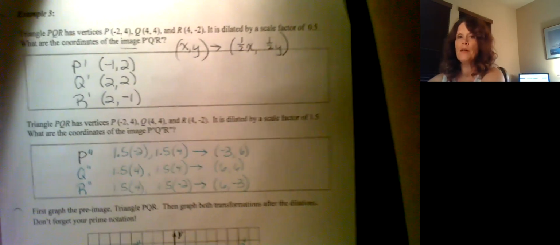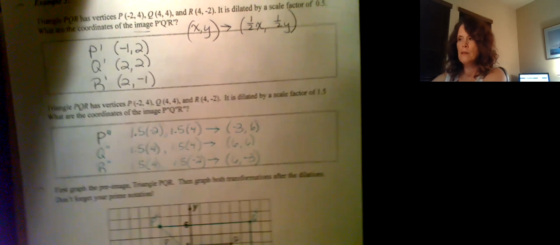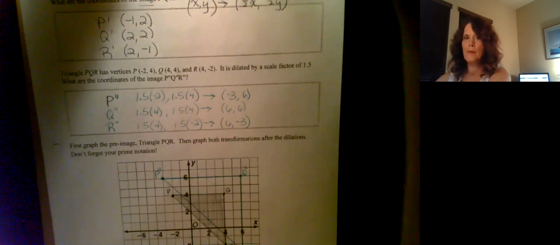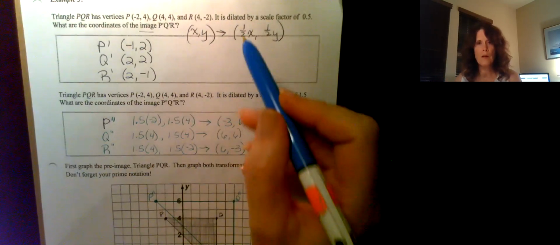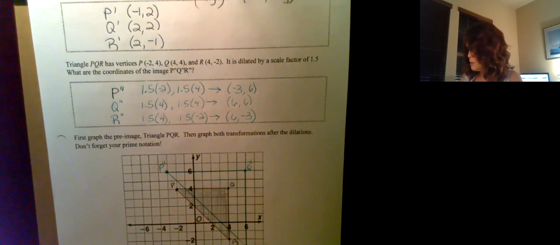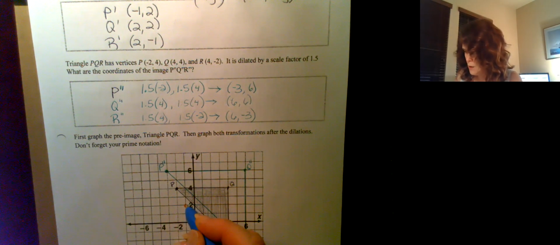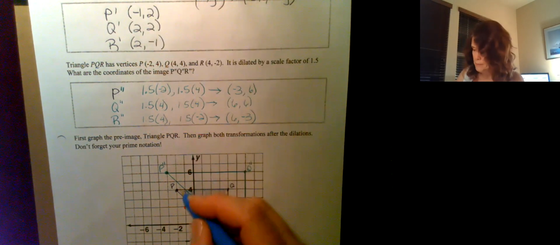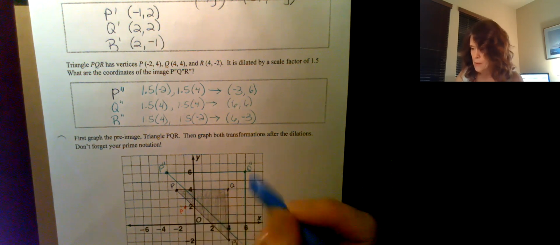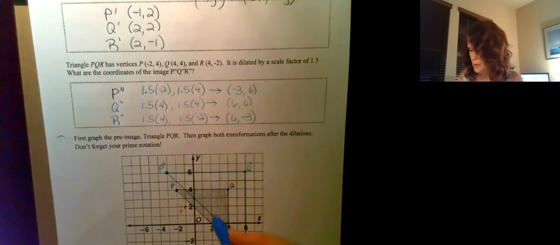Okay, let's see if I can move this up a little so we can get all of it in. Bear with me, guys. Okay, here we go. So half, here are our coordinates, -1, 2. I'm going to do this in red. -1, 2. And this was P prime. 2, 2.